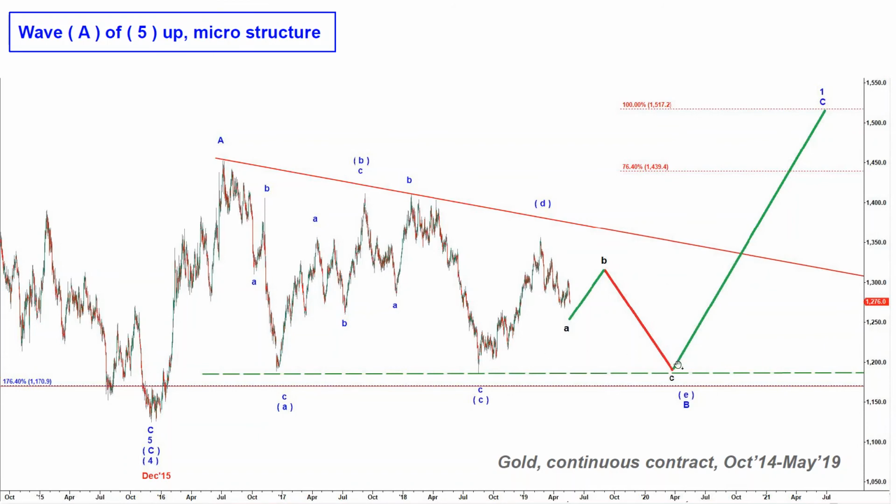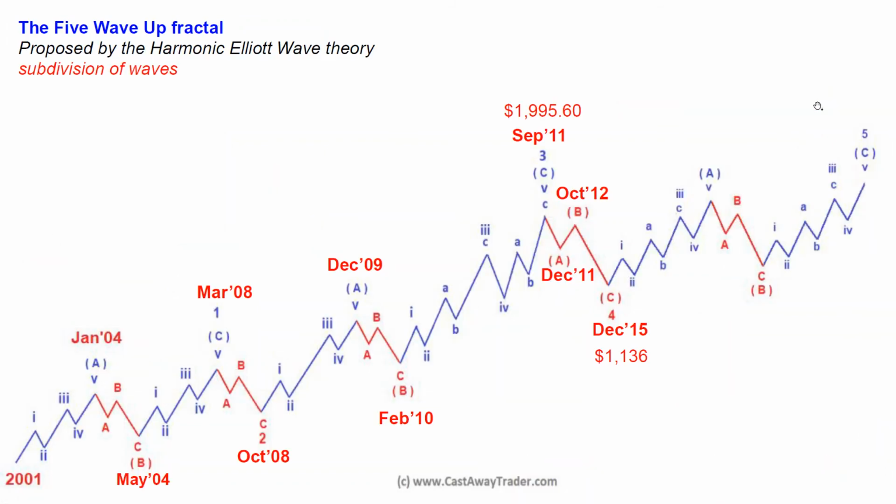And to predict where such a move may top, we should measure that rally off the low made in December 15 and project it from the bottom of that last push down in wave E of B. And even if it stretches to 100%, it would be 15-17. But again, that would be only wave 1 up of that final large wave A of 5.